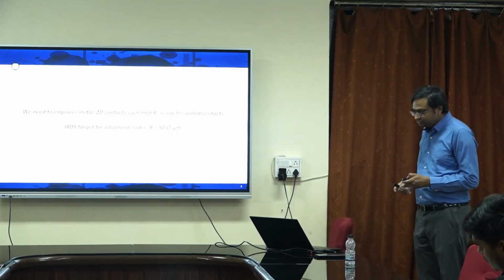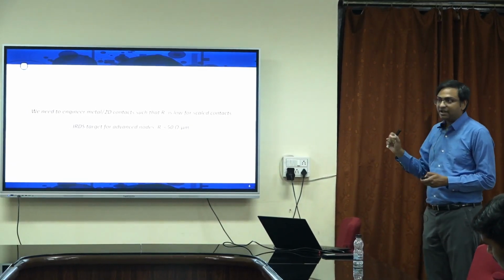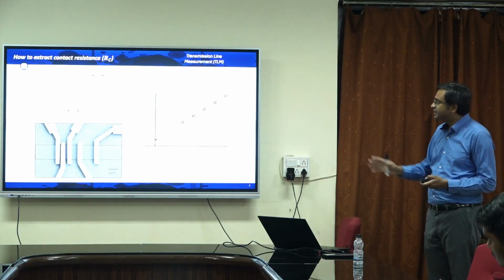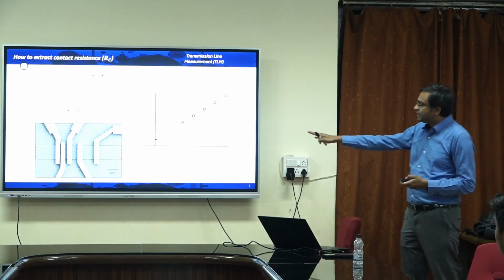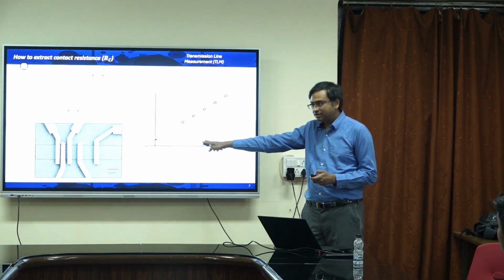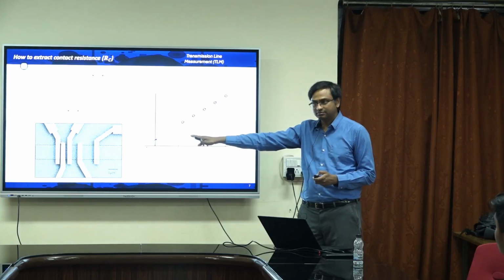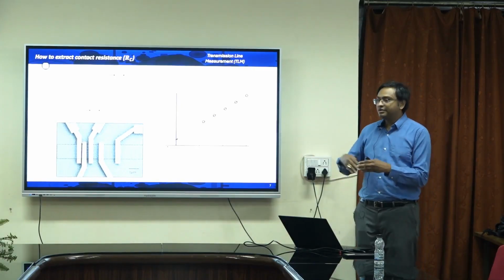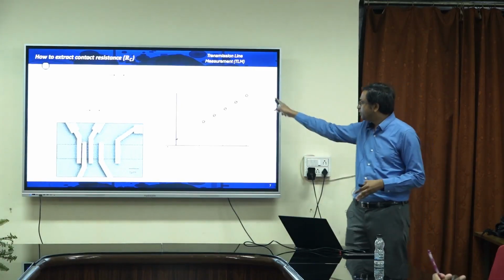Now let's dig into how, in an experiment, we extract the contact resistance. Experimentally it's very simple. You make devices with the same contact length but different channel lengths. This is what you can easily design lithographically, and then you measure the device characteristics and plot them.